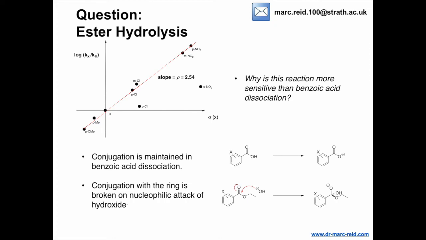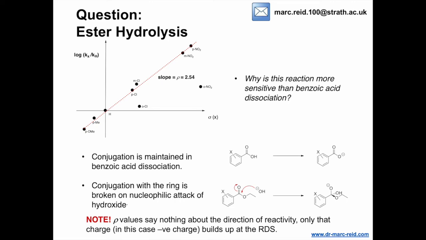For the ester hydrolysis, this is not the case. The carbonyl group is temporarily destroyed when the hydroxide nucleophile attacks the ester. This breaks the conjugation between the carbonyl group and the aryl ring, representing a greater disruption in communication between the reaction centre and the substituents on the aryl ring than was the case for the benzoic acid reference reaction.